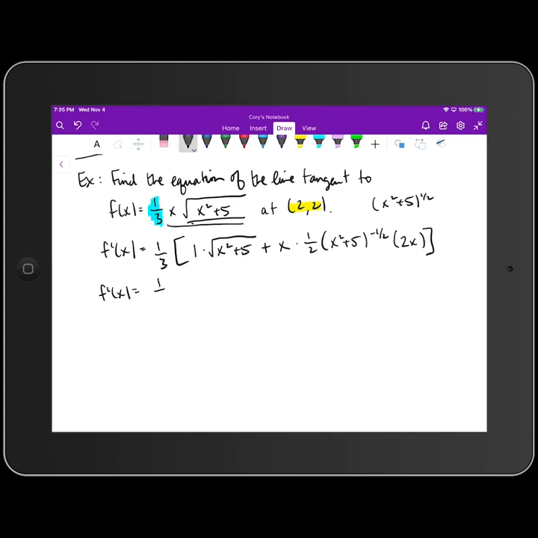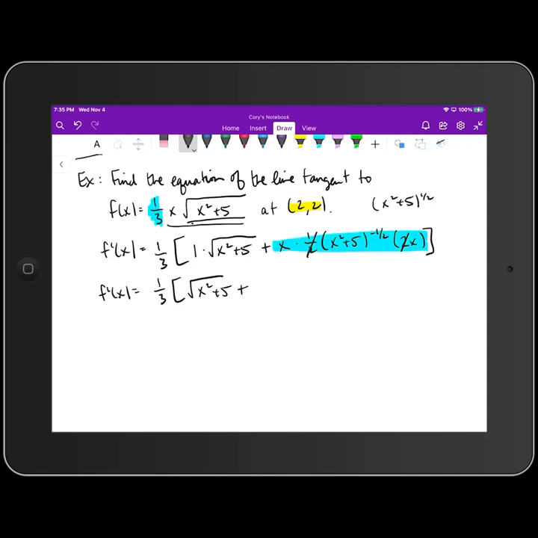So we have 1/3 times rad x squared plus 5 plus, and then I want to clean up this expression here. The first thing I see that I can do is cancel this factor of 2 with that factor of 1/2.